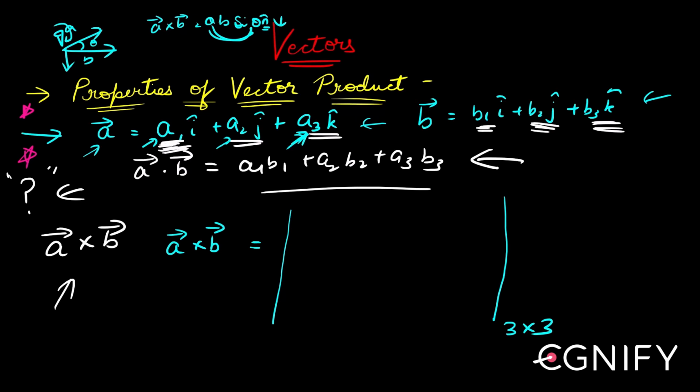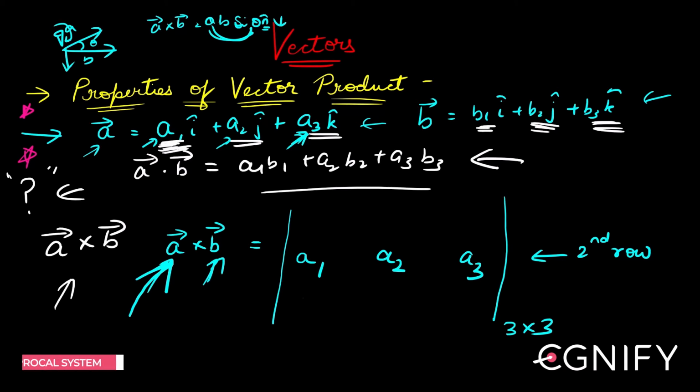Likewise, any of these 3 can be 0, and depending on that, your vector will be oriented in space, right? So you're supposed to write, if you are starting from A and going to B, if this is A cross B, then because it's A first, you will write the components of A in the second row.